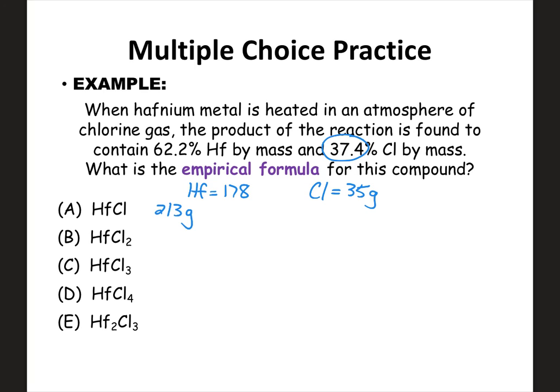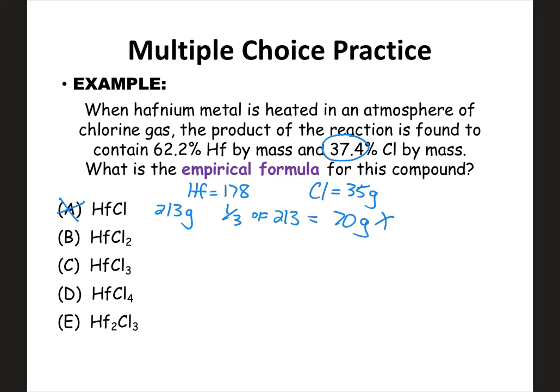So in my head, I would say, what's 1/3 of 213? Because remember, according to the original problem, about a third of the mass has to be due to the chlorine. A third of 213 is about 70 grams. So that one doesn't work because there's only 35 grams of chlorine in that compound. So that choice is out.